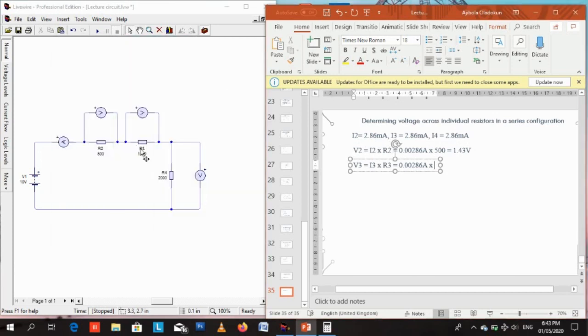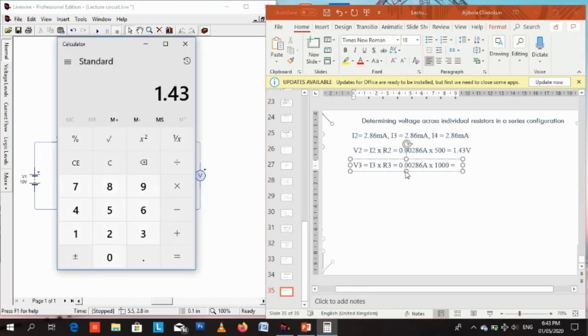So that's 0.00286 amps multiplied by R3, which is 1000 ohms. It should be around 2.86 volts if I'm right. Let's just verify this on the calculator, but it should be 2.86, all things being equal.